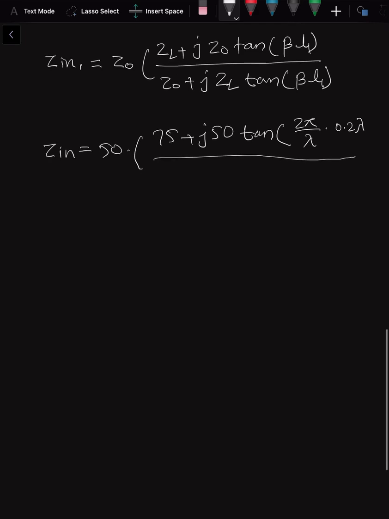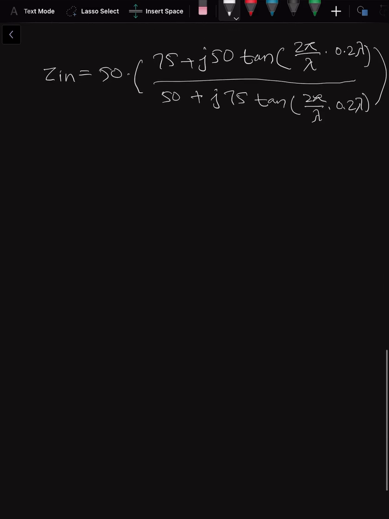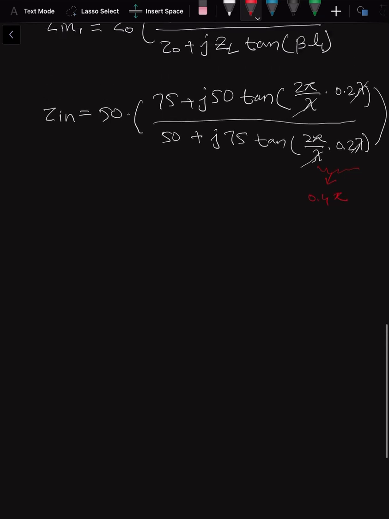Let's plug in the parameters in the denominator too: 50 ohms plus j times ZL, which is 75 ohms, times tangent of 2 pi over lambda times 0.2 lambda. When we multiply everything, the lambdas cancel, and inside the tangent we will have 0.4 pi, in the numerator too.